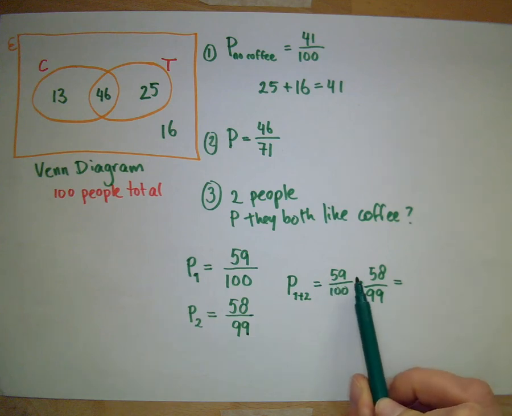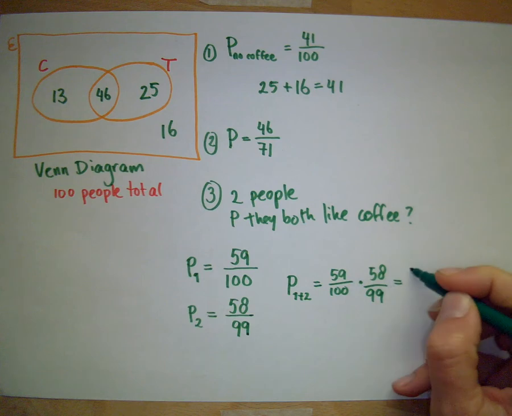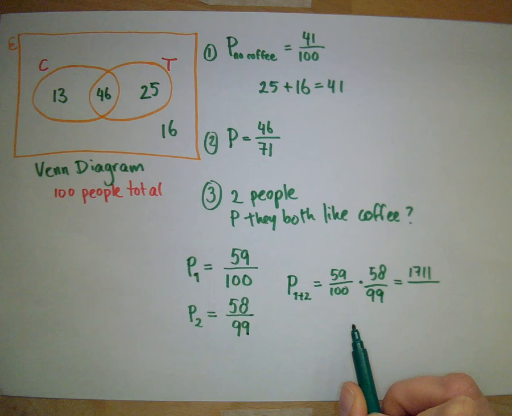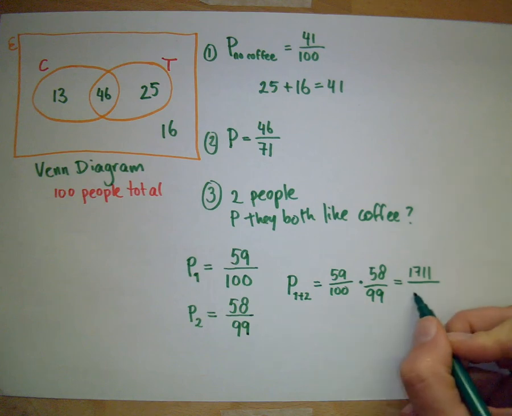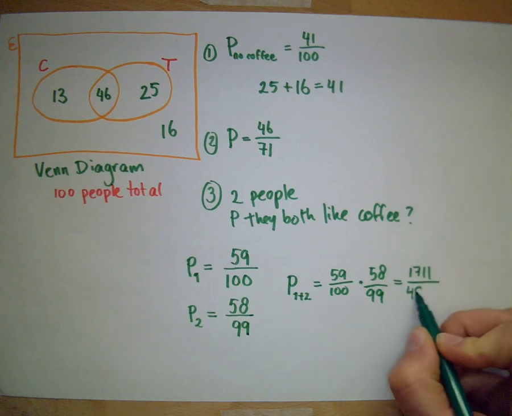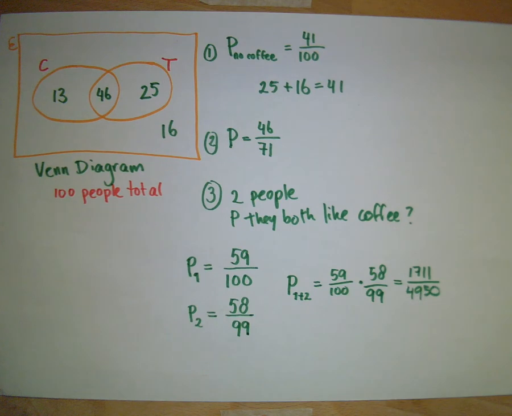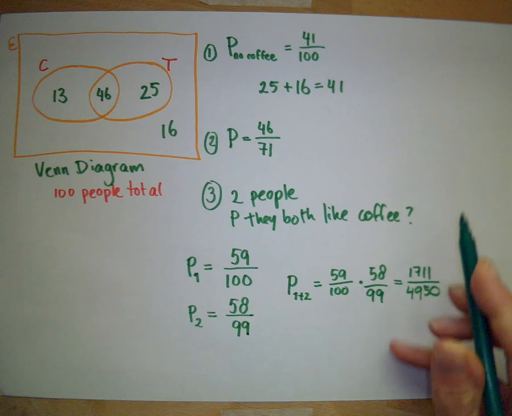59 times 58 is 1711. 100 times 99. No, this is simplified. Sorry. Yeah, I'm not gonna do this out loud. I'm just copying it down for my answer here.